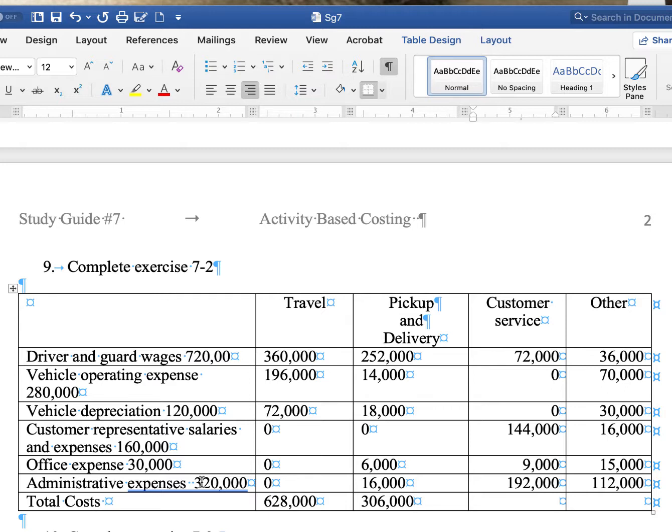Customer service is $417,000, and other is $279,000. If we add all these costs up, we're going to end up with $1,633,000. Guess what? That's the total overhead cost. Okay?